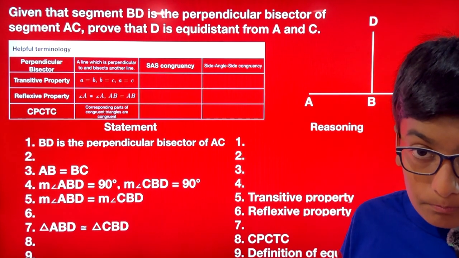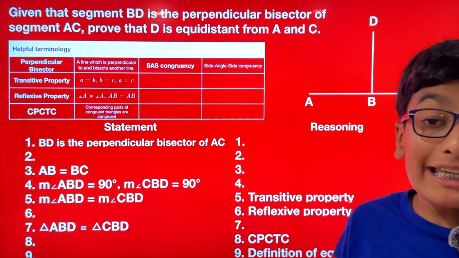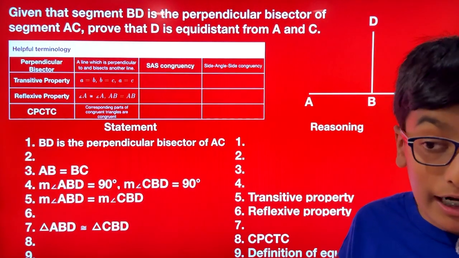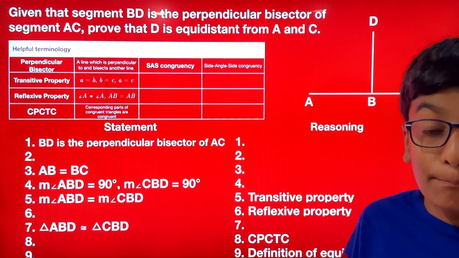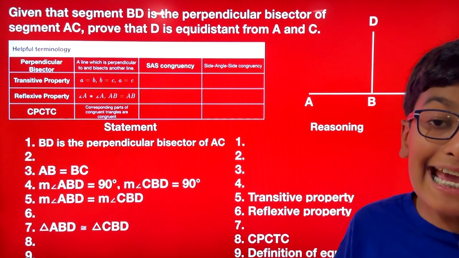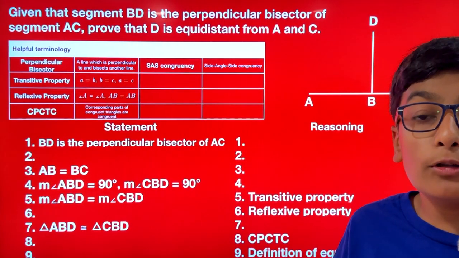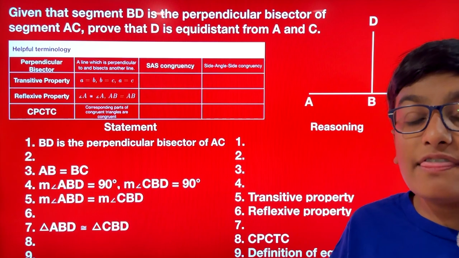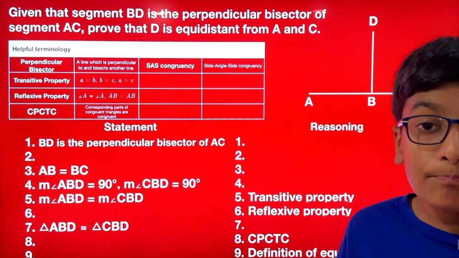Well, in truth, what we're doing here is we are proving something called the perpendicular bisector theorem, which states that for any point that lies on the perpendicular bisector of a line segment, that point is equidistant from the endpoints of that line segment.